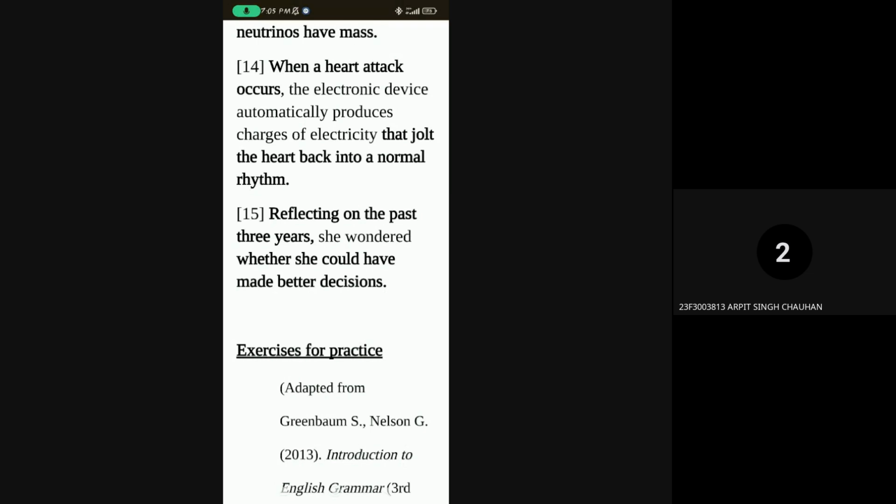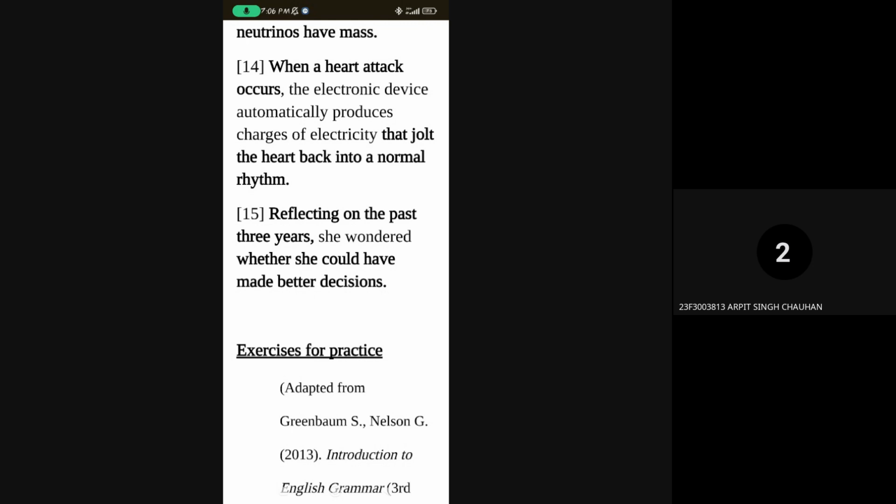But what about "reflecting on the past 3 years"? What kind of clause is it? It answers the question how, right? Reflecting on the past 3 years. So what kind of clause would it be if it answers the question how?